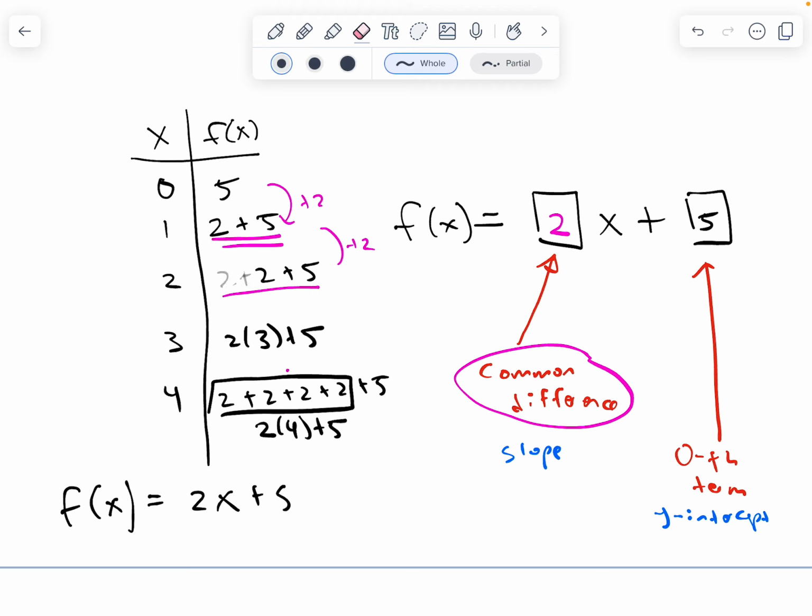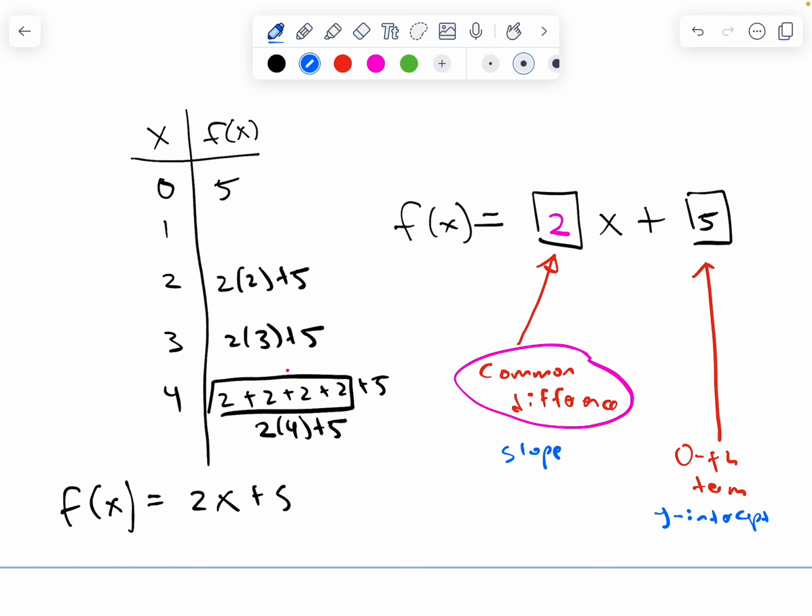And this one we can erase, and we can say this is 2 twice plus 5. And we can erase this one and say this one here is 2 1 time plus 5. And we can even erase this one and say this one is 2 0 times plus 5.